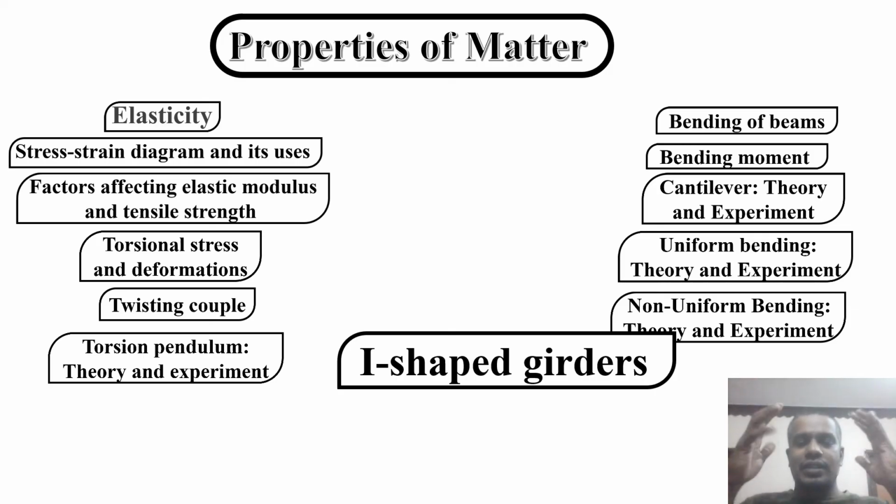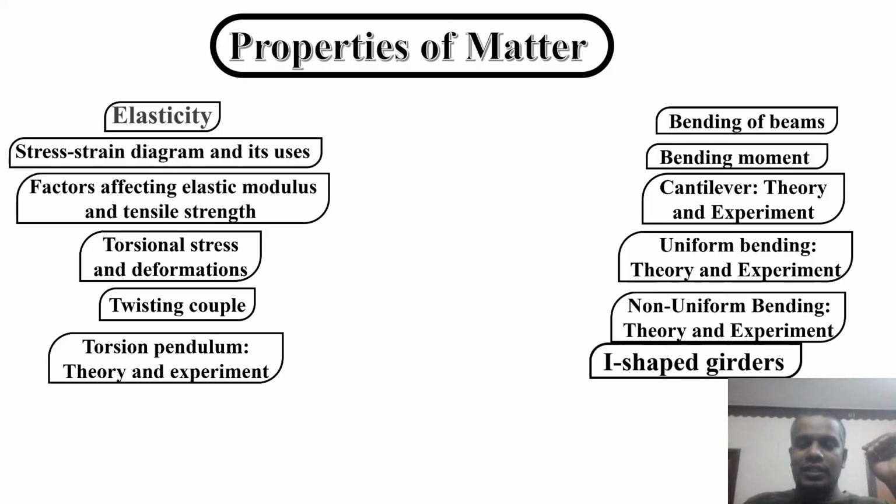Definitely the I-shaped girders are the most powerful girders to construct buildings and bridges. The I-shaped girders will save our material. Anyway, we will look at the application of the I-shaped girders.